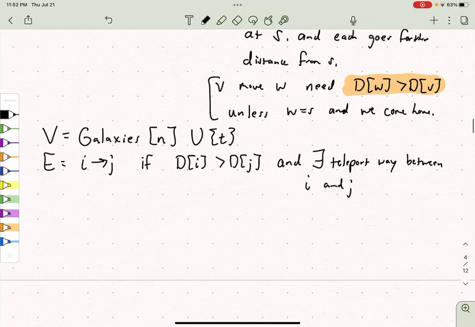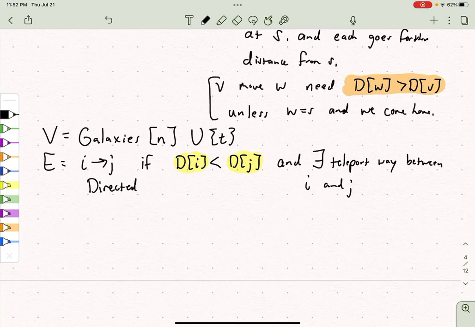But here, our graph is now directed, because we can only move away. We can go from smaller distance to larger distance. Or this is backwards. There we go. We always move from smaller distance to larger distance. We can't go backwards.